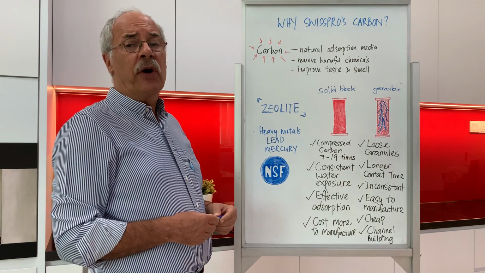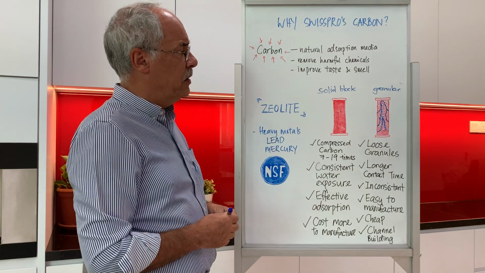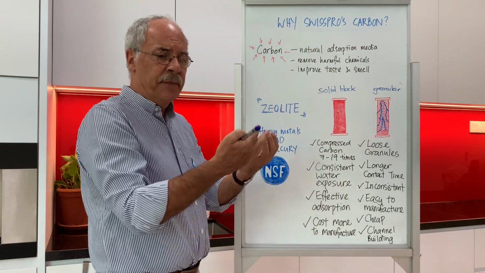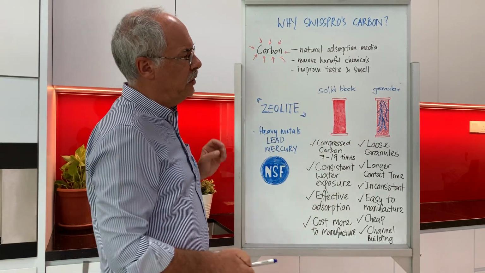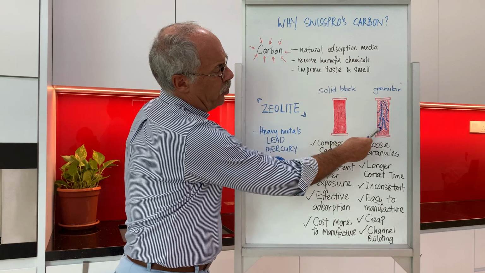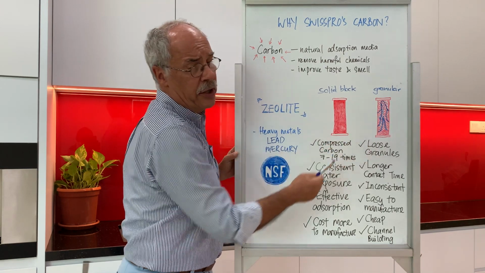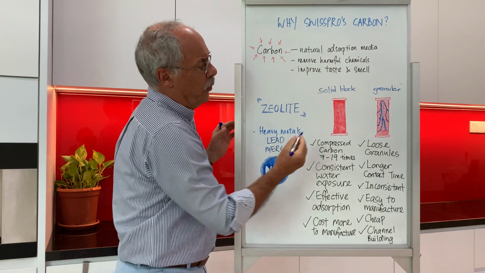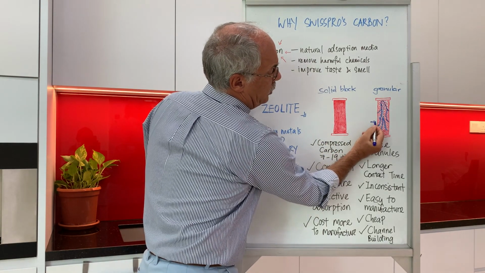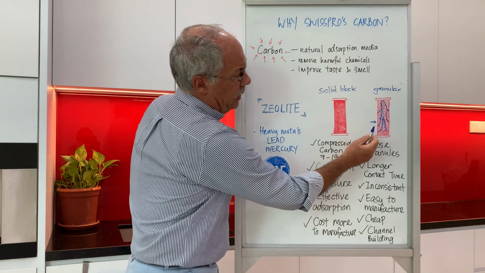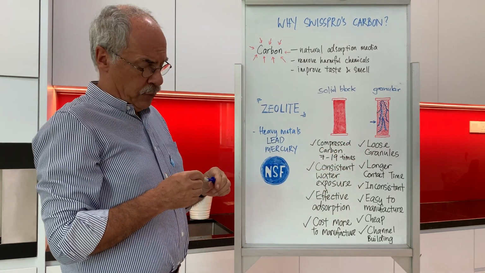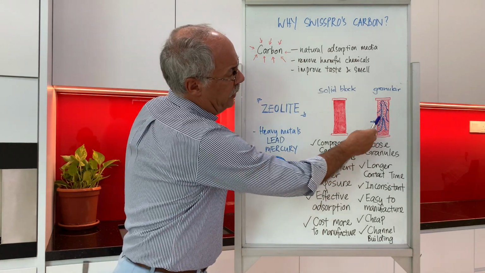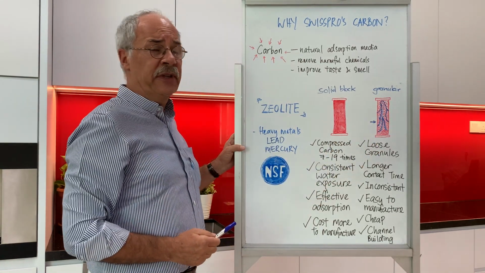And the big disadvantage that the granular carbon has is that because it's a loose material, it typically forms channels. These channels are showing water in the cartridge. So the water coming out of the filter, ideally we would have an equal distribution of the water flowing through all the parts of the filter.